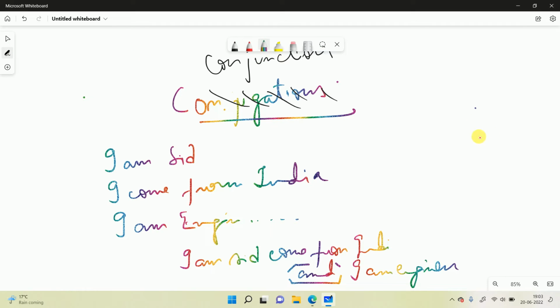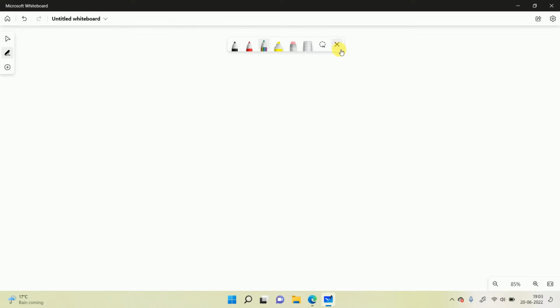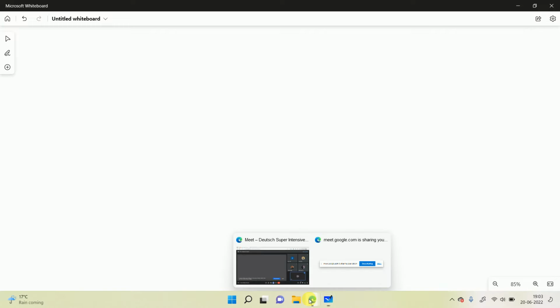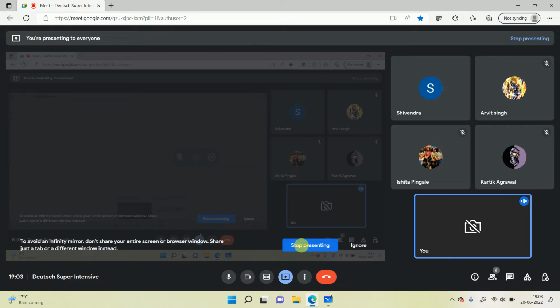In German, there is a striking difference. I would rather suggest that when we use these conjunctions, please don't compare them with English, because there's a striking difference between German and English, especially in terms of conjunctions.